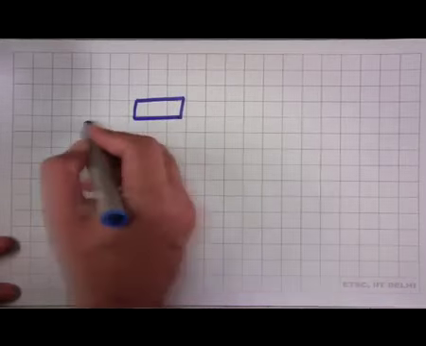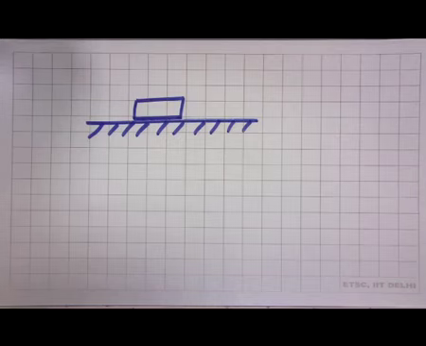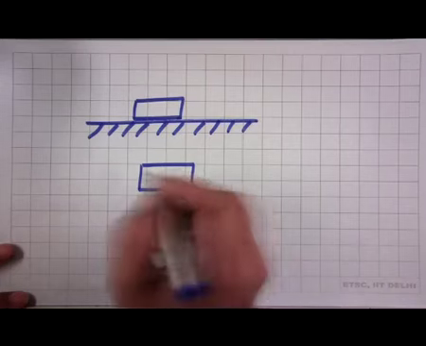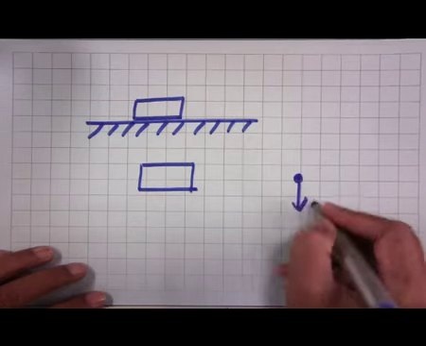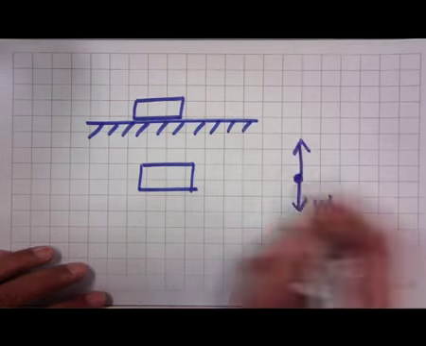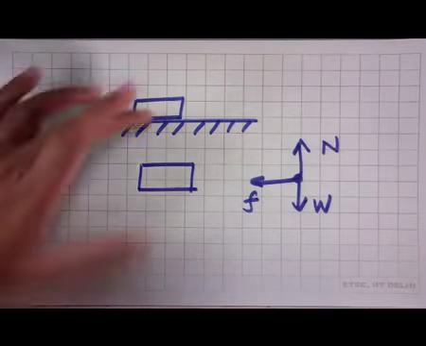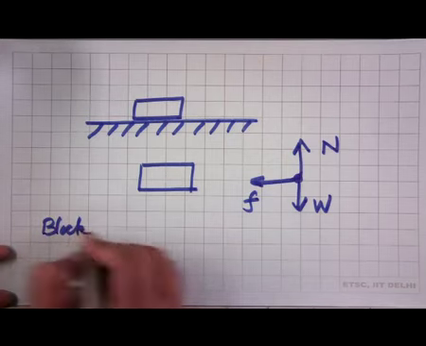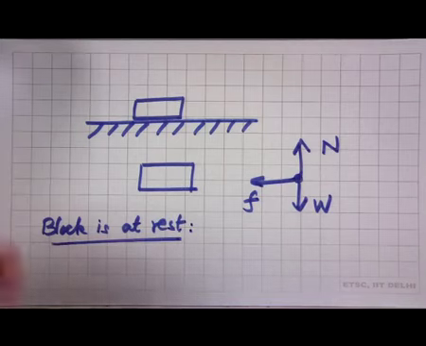Let us come back to the example of the block lying on a table. So, now we drew the free body diagram of the block. We showed the block like this, or maybe we show it as a particle, and then we have the weight, the normal reaction and the friction force. Now, if the block is at rest, that means there is no slip.